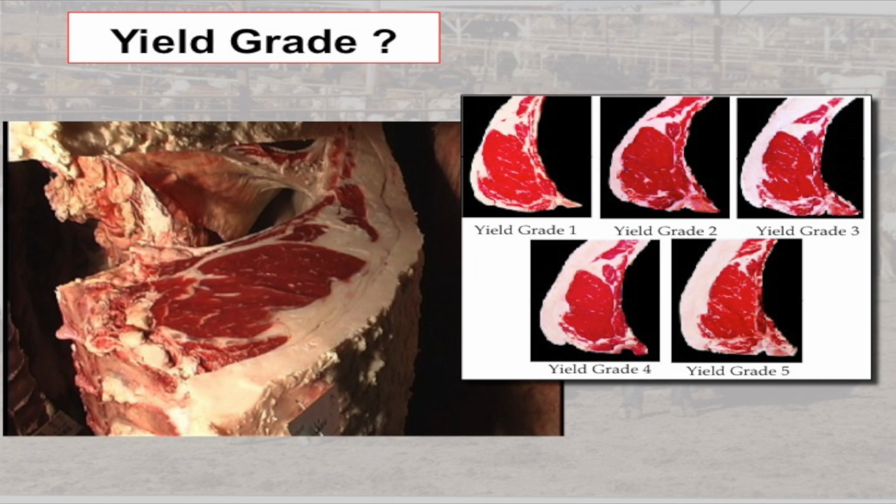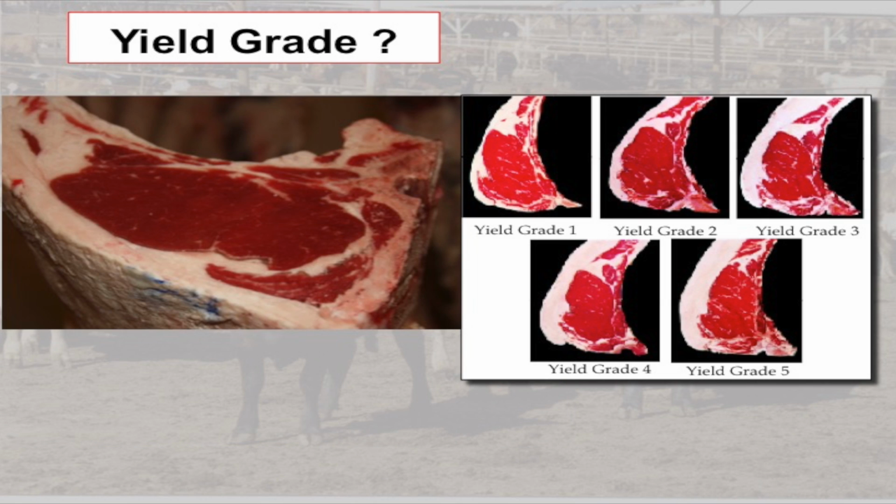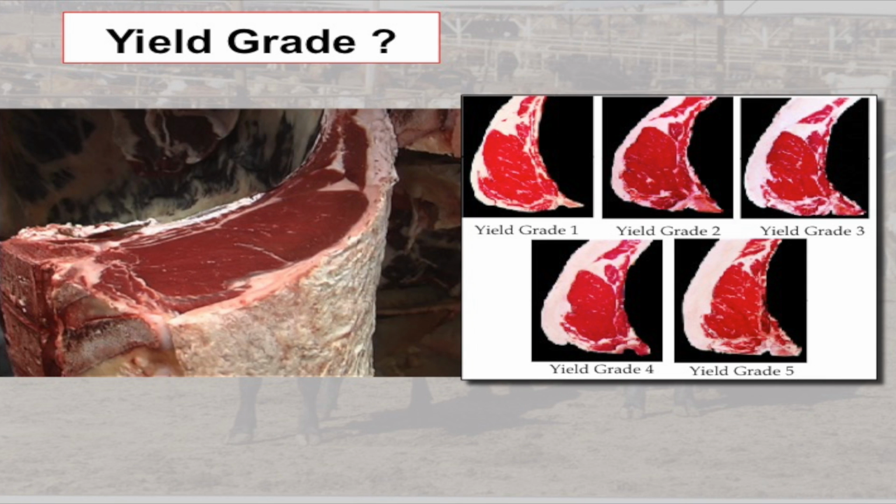Picture 4 is a yield grade 4. Picture 5 is a yield grade 3. Picture 6 is a yield grade 1.